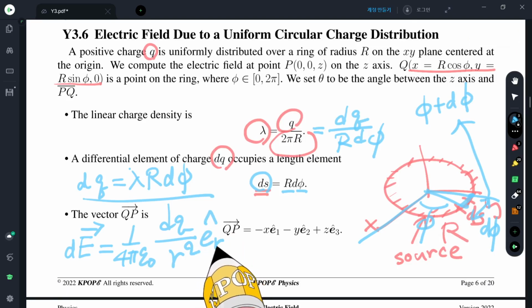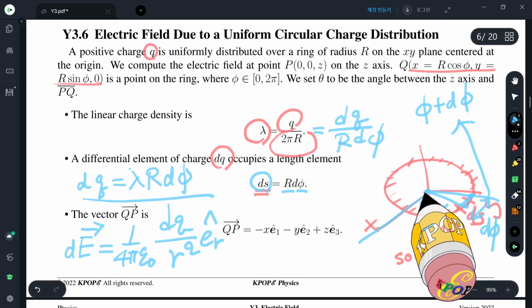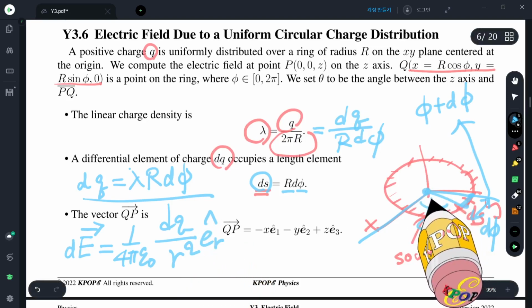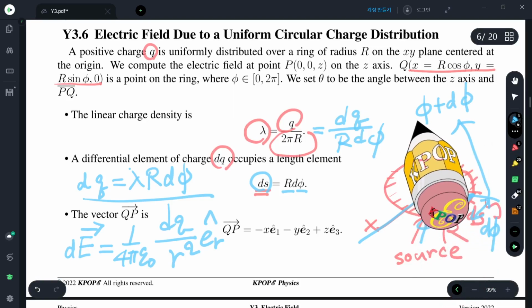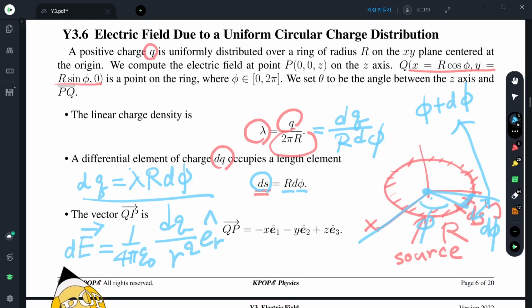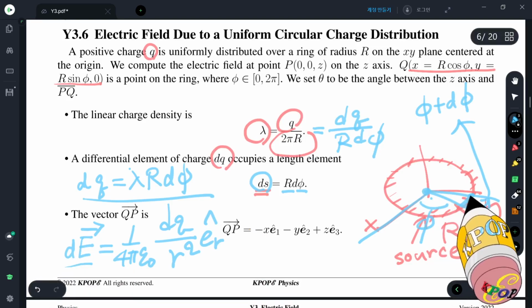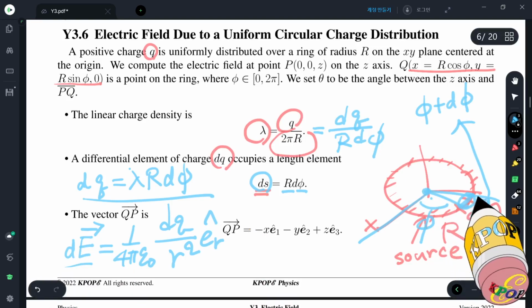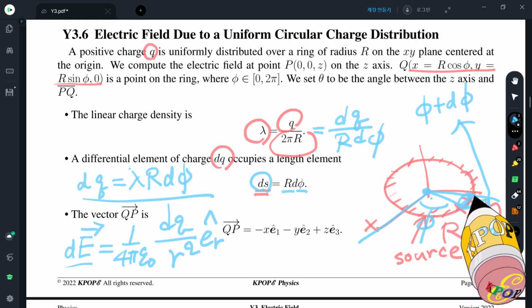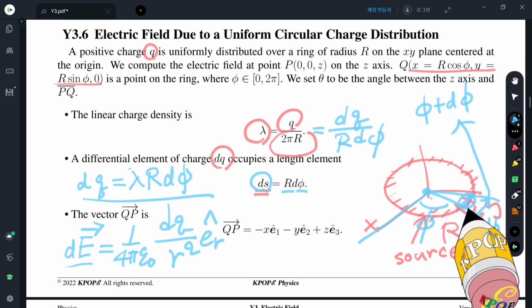However, this radial direction does not mean the radial vector from the origin to a field point. Instead, it is generated by a small charge over a small arc length.